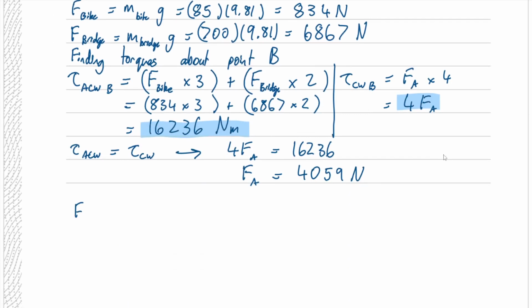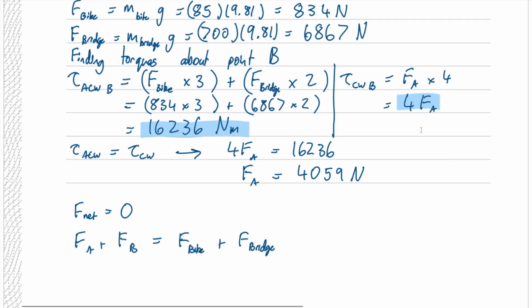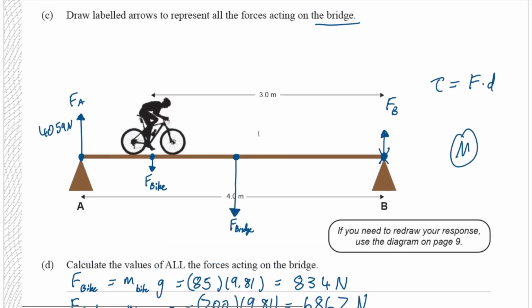So F net must be 0. So FA plus FB will equal F bike plus F bridge. Again, that's just saying the forces acting up must be equal and opposite to the forces acting down for this to be in equilibrium.